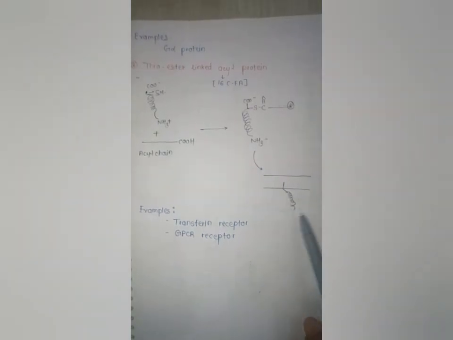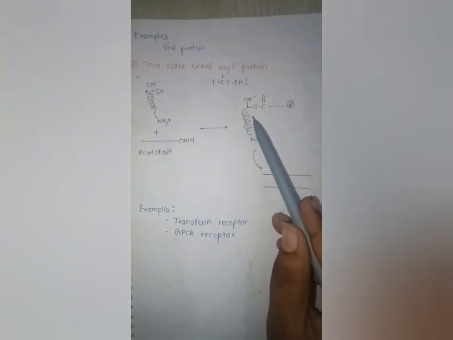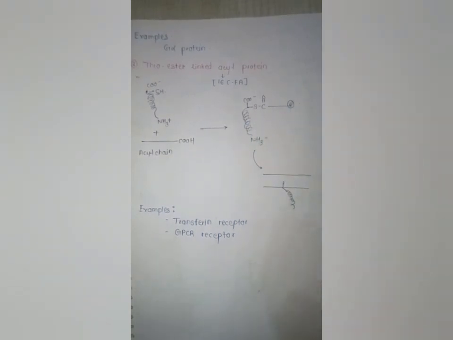It is also attached with the plasma membrane. The acyl chain is attached inside the plasma membrane, whereas the other side is present in the cytosol. Examples of this protein are transferrin receptor and GPCR.